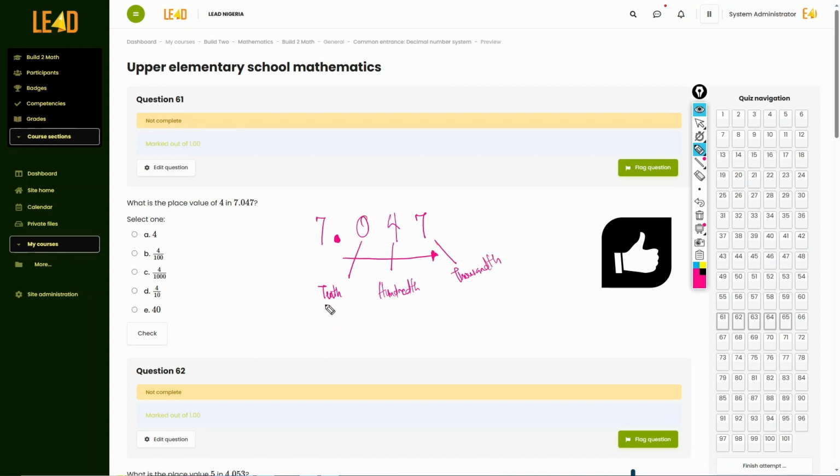So for tenths, there are 2 ways to write it. It's either 0.0 or 0 out of 10. For hundredths, it's either 0.04 or 4 out of 100. And then for the thousandths, it is 0.007 or 7 out of 1,000. So the answer is 4 out of 100, because that's what it's asking us.